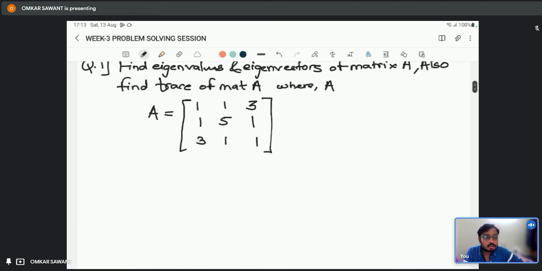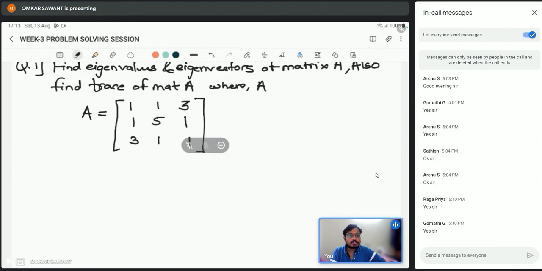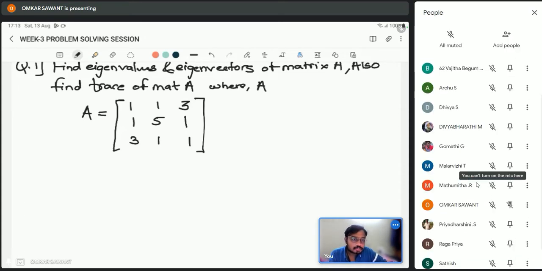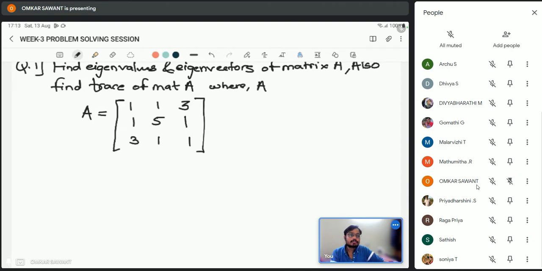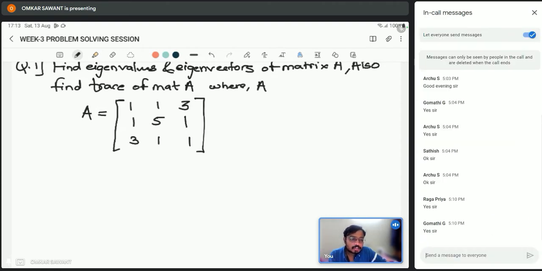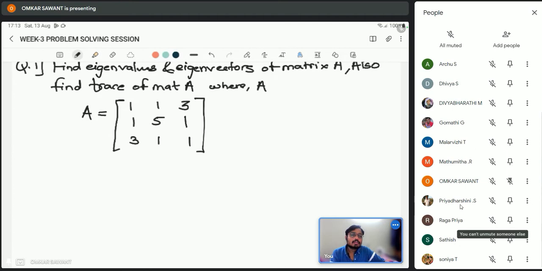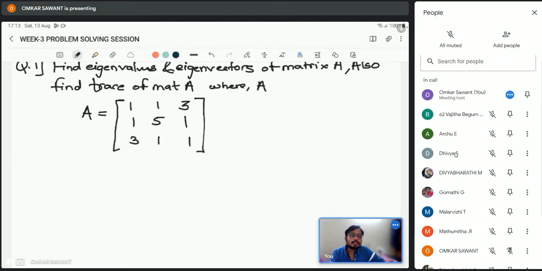Does anyone know what the trace of the matrix is? Anyone? Divya?